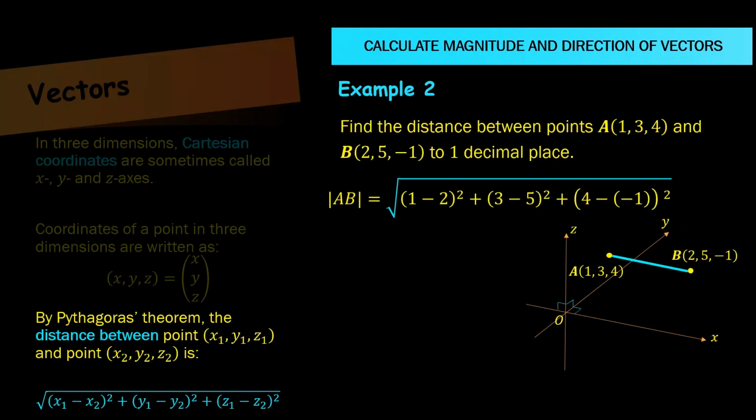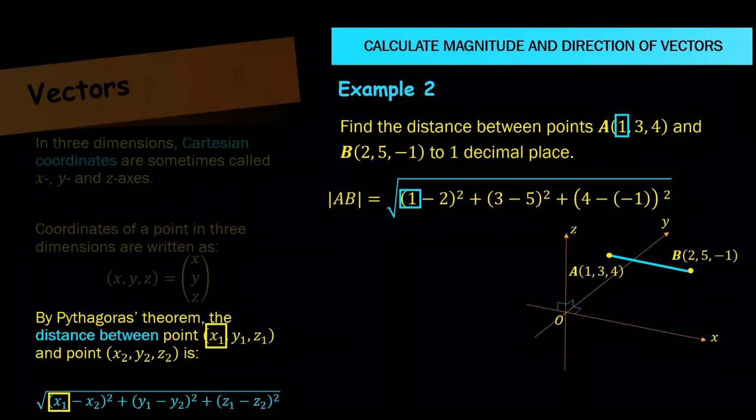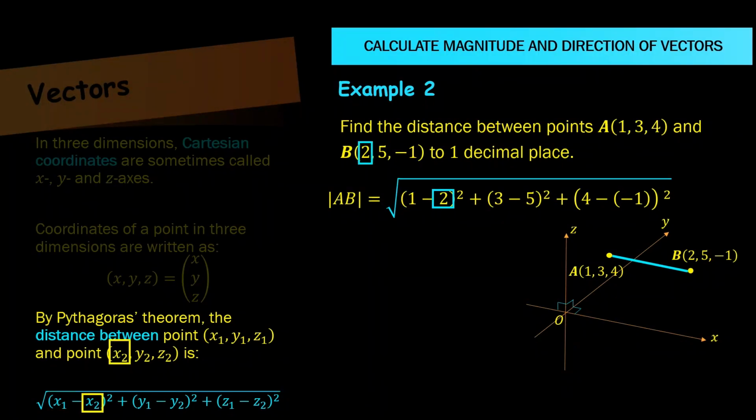So we apply our formula, mod AB equals the square root of (1 minus 2) squared plus (3 minus 5) squared plus (4 minus 1) squared.